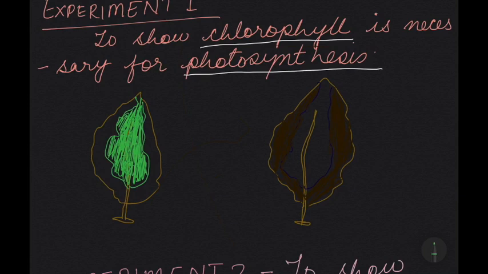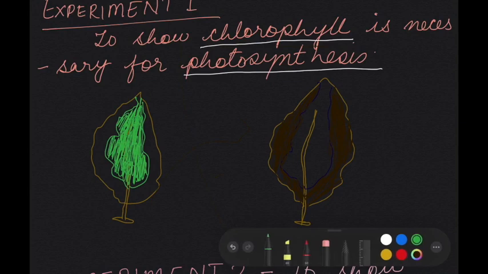The first thing, you place the plant in the dark for 24 to 48 hours. Leaves become starch free. Then you perform the iodine test. That is, you take the leaf, put it in boiling water to kill the cells, then put it in methylated spirit over a water bath to remove the chlorophyll. It becomes hard and brittle. Then you put it in warm water to make it soft, and then you pour iodine solution over that leaf. What will be the result?